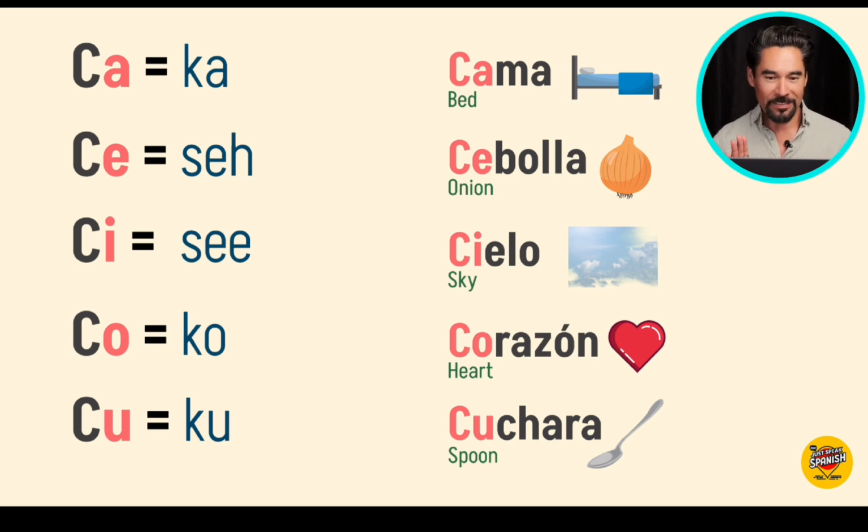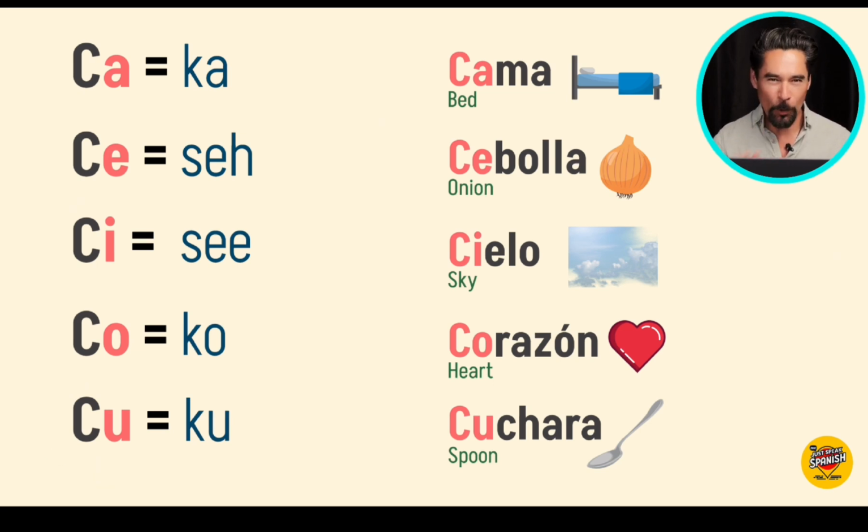Now, quick summary, quick review. CA it's K, CE is Se, CI is Si, CO is Co, CU is Ku. All right?